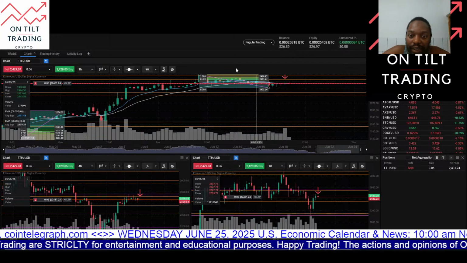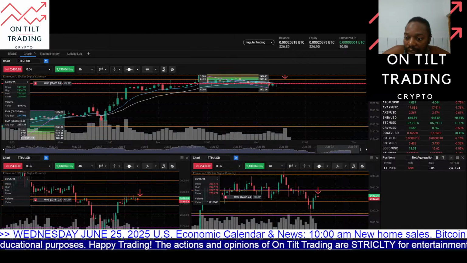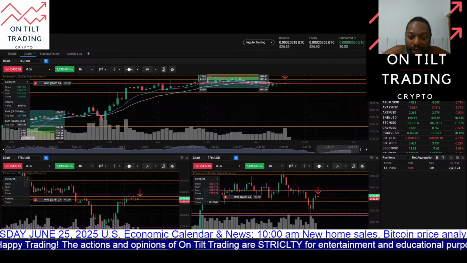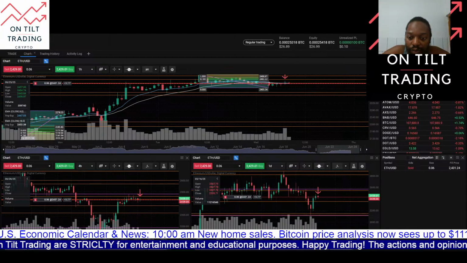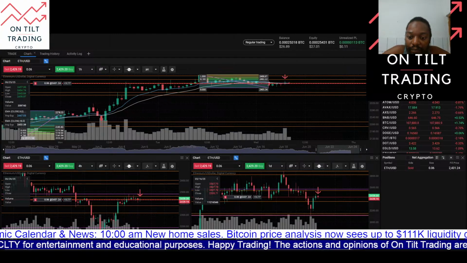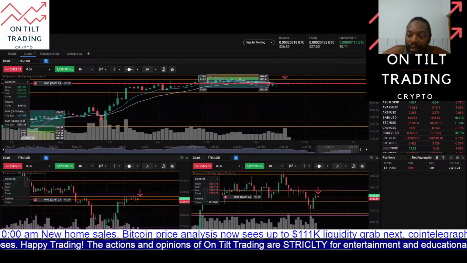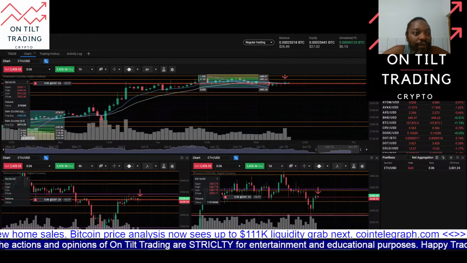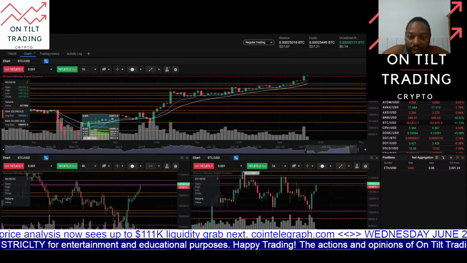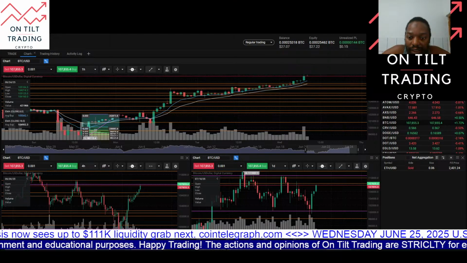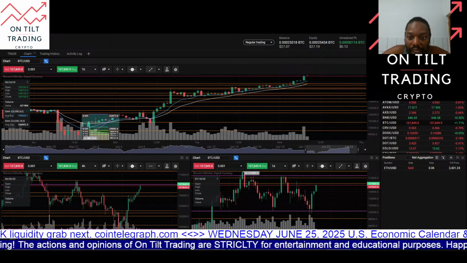A lot more consolidation in Ethereum, but Ethereum is much weaker, as I mentioned here on the daily chart. This being the structural strong high, this being the structural weak low. Ethereum being in a downtrend on the daily here. If we go over to Bitcoin, we'll see that Bitcoin here on the daily is actually in an uptrend, with this being the strong low, this being the weak high.